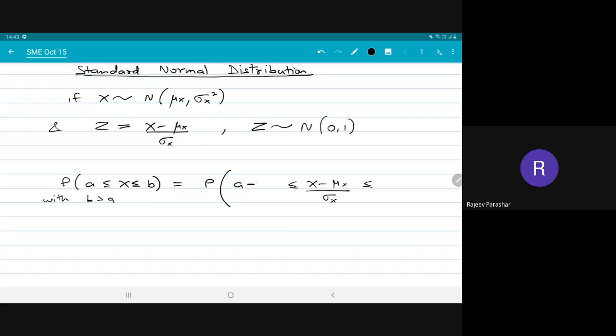I will have to do this across the inequality. Okay, so these two are equivalent. Now, in the middle, what we have is a standard normal variable z.